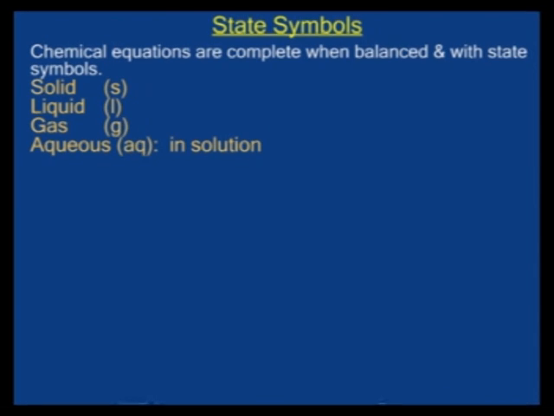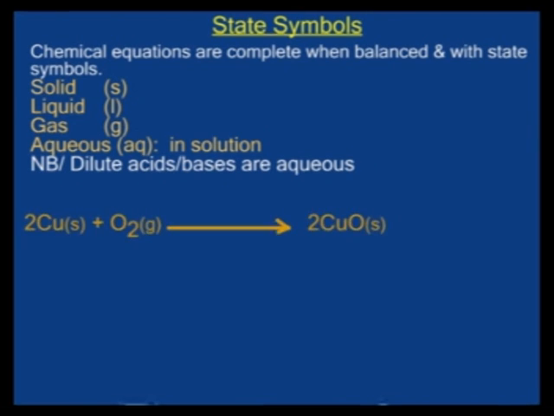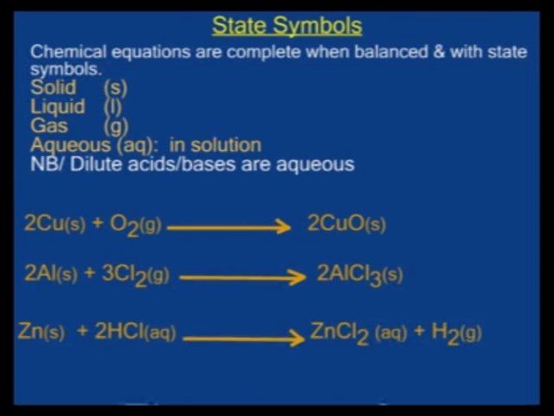Now, aqueous means in solution. Now notice dilute acids fall under aqueous. For example, in the cases we had above, copper plus oxygen gives us copper 2 oxide. Now copper is a solid, oxygen a gas, and the product copper 2 oxide is also a solid. The same thing will follow for aluminium reacting with chlorine, as well as zinc reacting with hydrochloric acid.